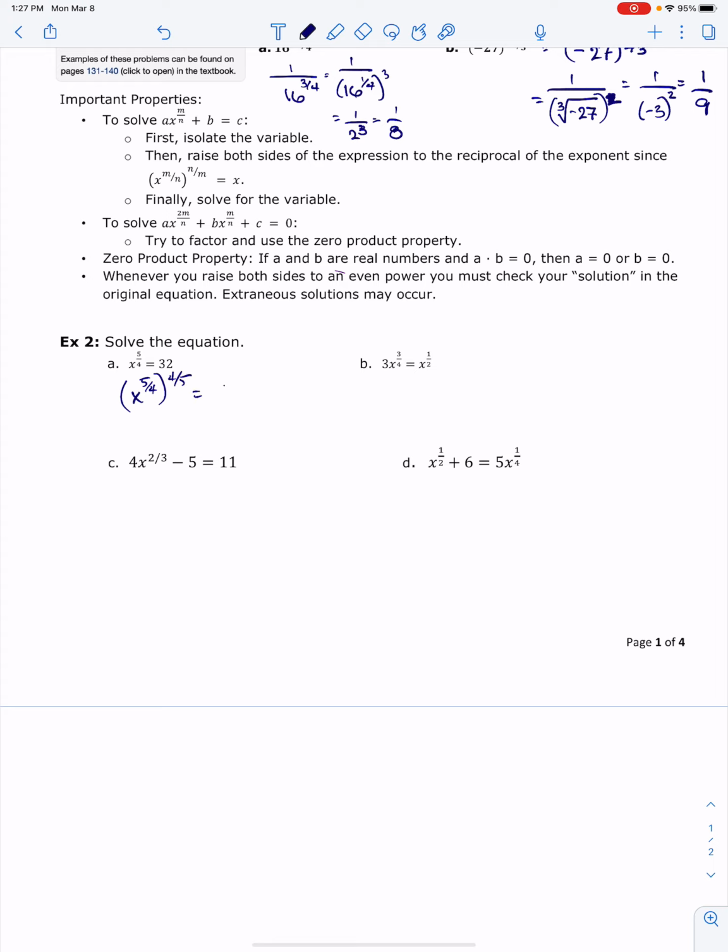So I'm going to raise both sides to the 4/5 power. 5/4 times 4/5 gives us 20 over 20, which is x to the first. And I'm going to go ahead and use that root first because I can find the 5th root of 32, which is 2. I get 2 to the 4th, which is 16.